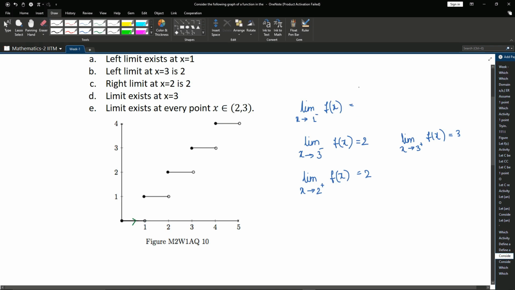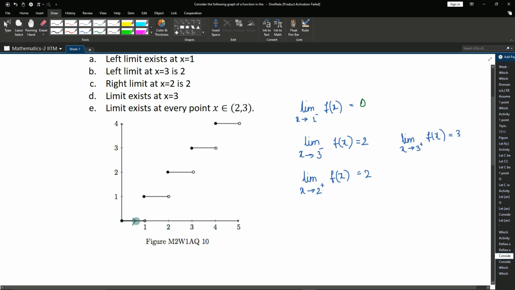Sorry, this is 1. Okay, if we are approaching x from the left side, what value do we have?